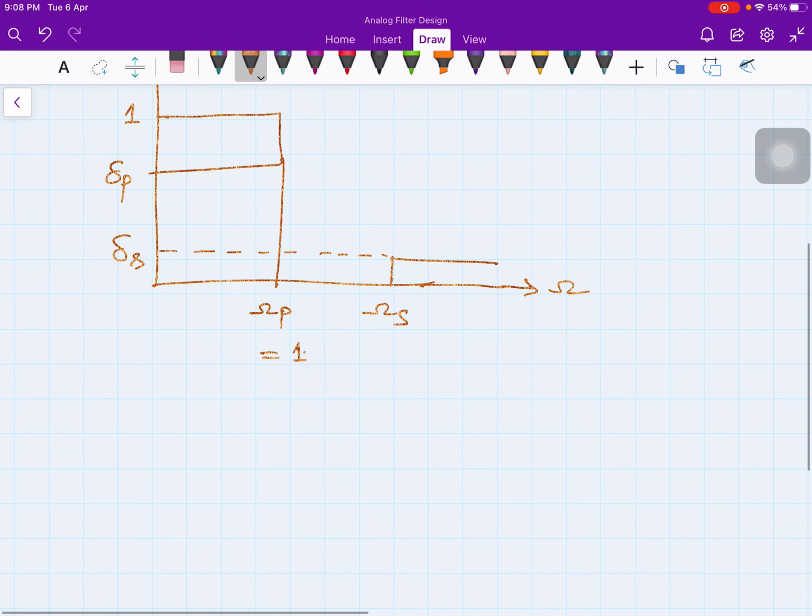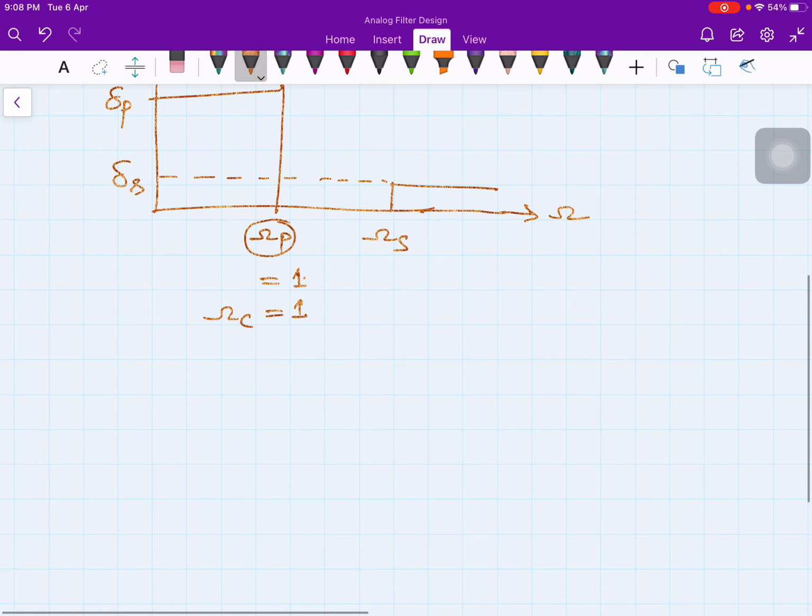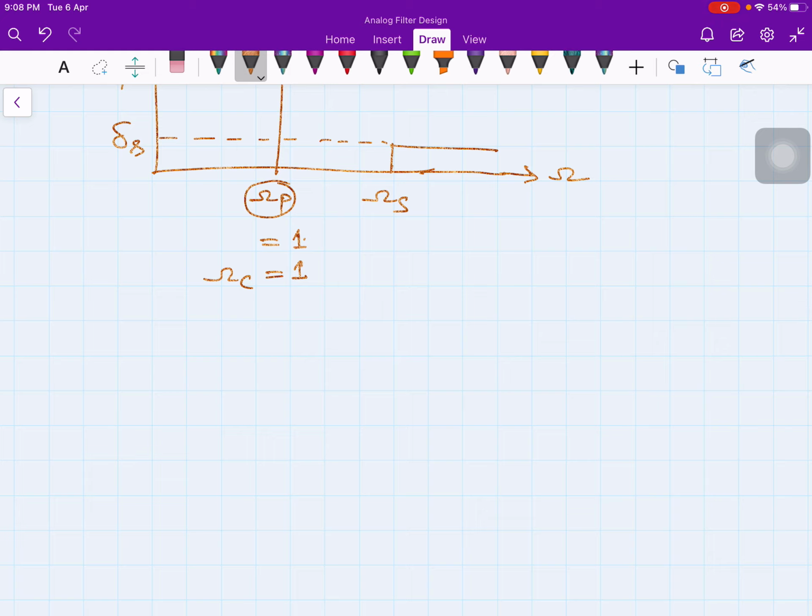We normalize the cutoff frequency. In fact, I don't call it omega p, let me call it omega c equal to 1. So this is what we mean by a normalized low pass filter. So normalized low pass filter has a cutoff frequency of 1 radian per second. That's what we mean by normalization.